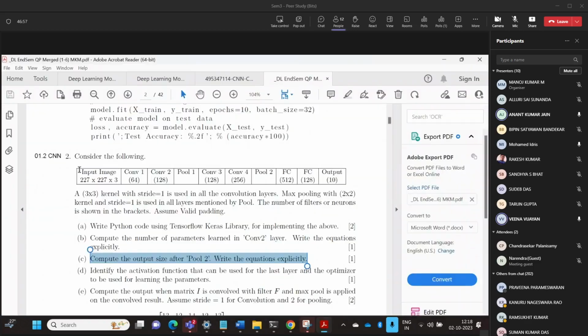Compute the output size after pool 2. Correct.